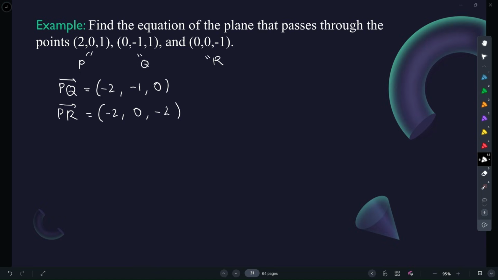Okay. And now I'm going to figure out what the normal vector is. The normal vector will be given by the cross product of those two vectors: i, j, k, minus 2, minus 1, 0, minus 2, 0, minus 2. Let's figure out what that is. That will be i times (minus 1 times minus 2 minus 0 times 0), so this is times 2.